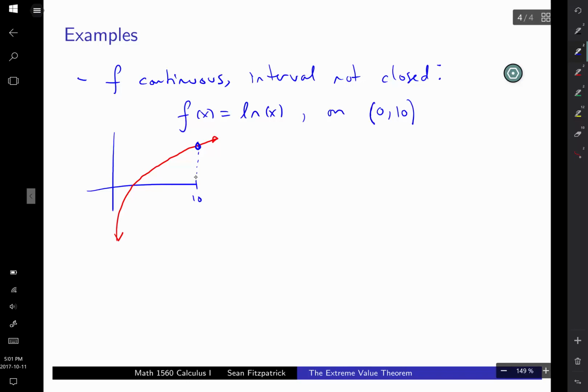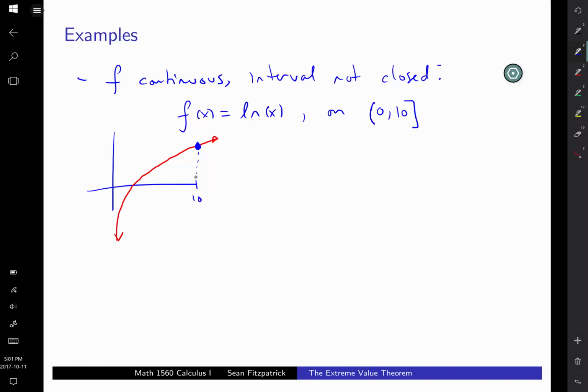On the other hand, if I were to change this and go to a closed interval, like so, well, then I get to fill in that point, and then that would be my maximum. My maximum would happen at that endpoint, but I still wouldn't have a minimum. So it depends on what you're looking at there.